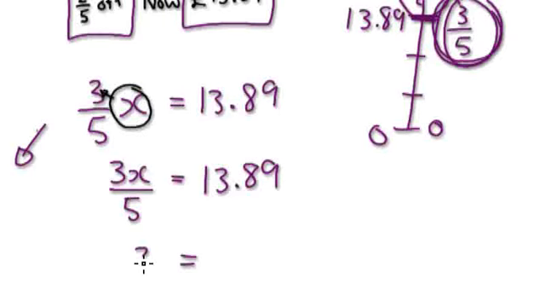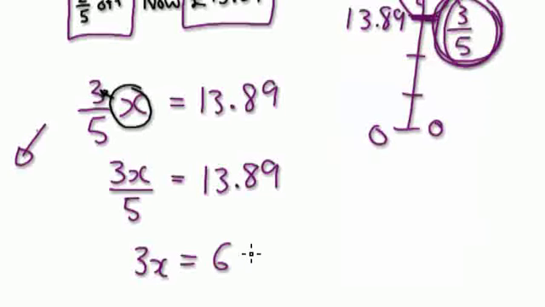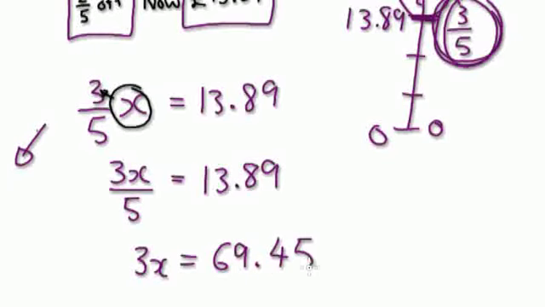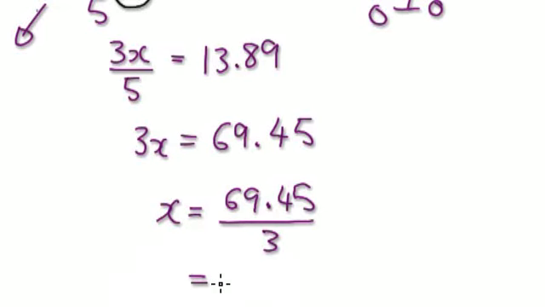So times both sides by 5, so it will be 3x, and calculator clear, 13.89 times 5 equals this, equals 69.45 here, and then divide both sides by 3. So x here equals 69.45 divided by 3.